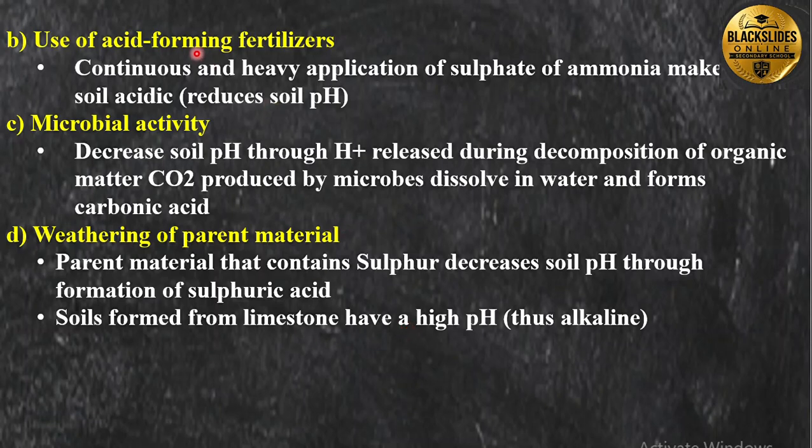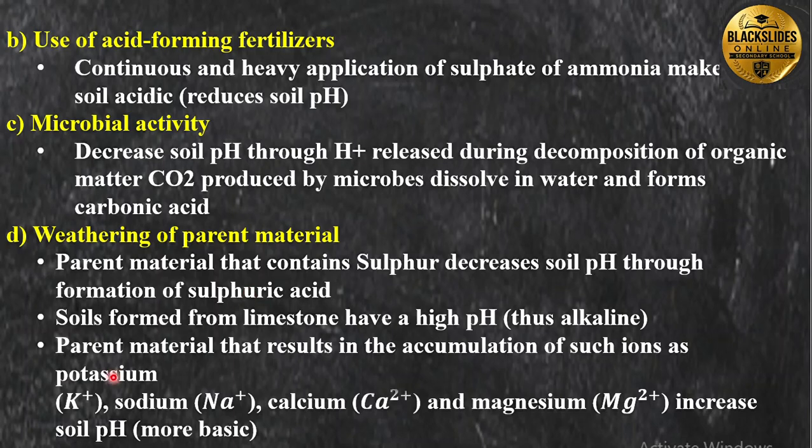We are discussing the factors that affect soil pH. Parent material that results in the accumulation of such ions as potassium, sodium, calcium, and magnesium will increase soil pH, making it more basic.